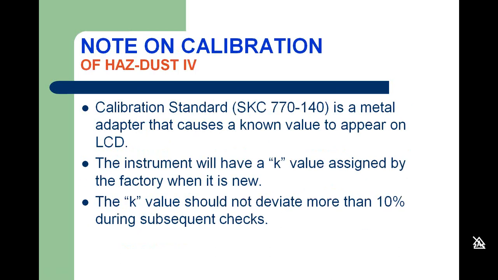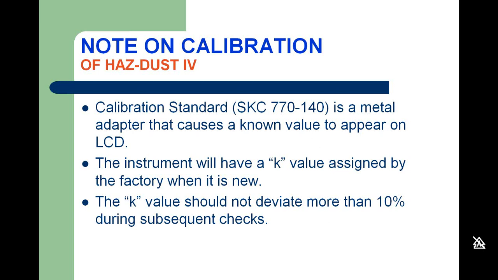The HAZDUS-4 is factory calibrated in an aerosol chamber, but a calibration standard is also available so users can do frequent cal checks. The calibration standard is simply a metal adapter that causes a known value, a K value, to appear on the LCD. The instrument will have a K value assigned by the factory when it is new.